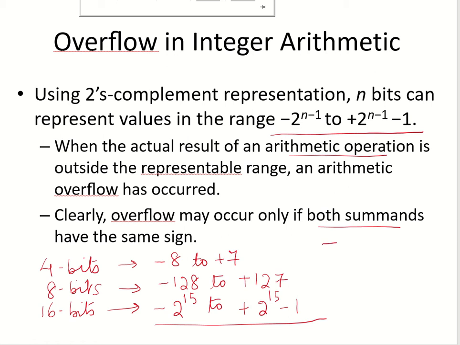So if I'm adding plus 8 with plus 7, both having the same sign, there is a possibility of an overflow. If I'm adding summands of different signs, the overflow cannot occur. This again can cause an overflow because the summands are of the same sign.